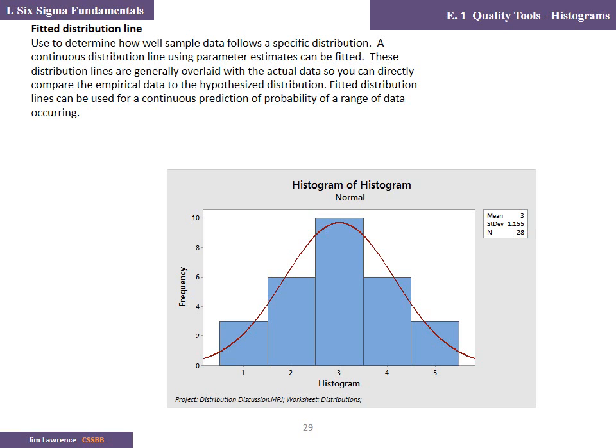Now you can fit a continuous distribution to the attribute count of sample values, and you can use this continuous distribution line to predict probabilities. These distribution lines can generally be overlaid with actual data values, so you can directly compare the empirical values to the hypothesized distribution. So here we see a normal curve fit to the histogram.